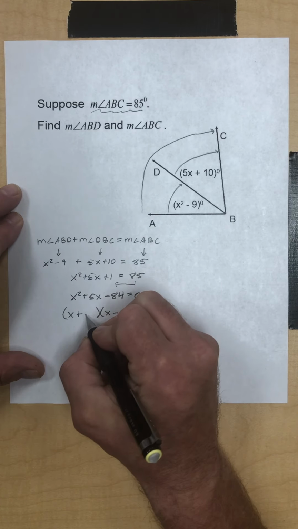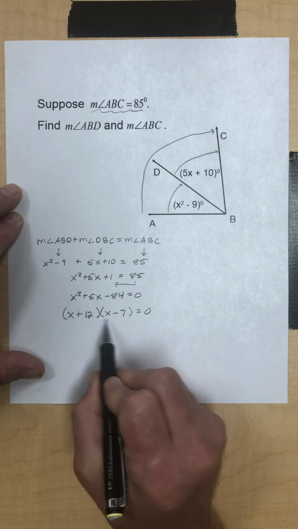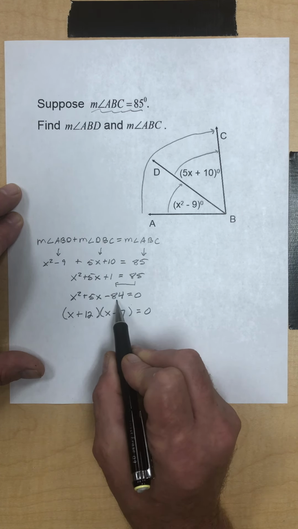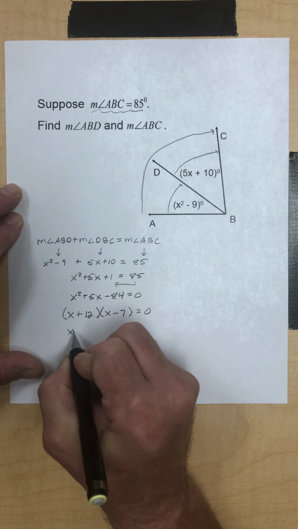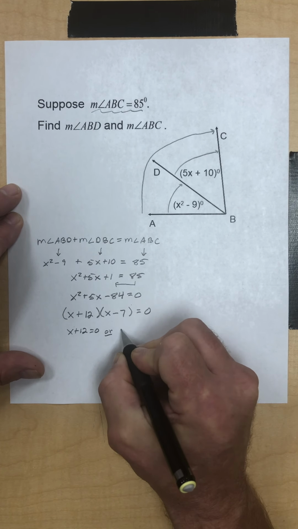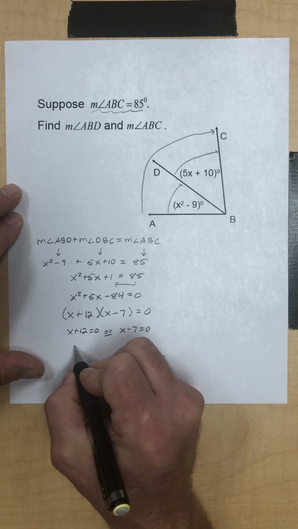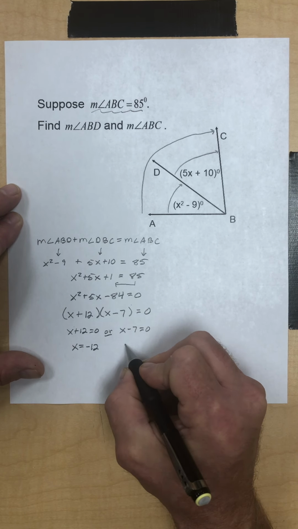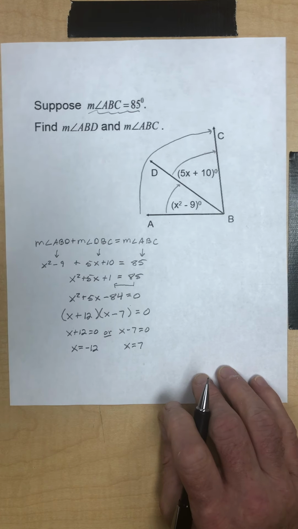Okay, and that would be a positive 12 and a negative 7. If I go 12 plus negative 7, I get 5, and if I go 12 times negative 7, I get negative 84. Okay, so we would get this x plus 12 equals 0, or we're going to get x minus 7 equals 0. Okay, and so this gives us x equals negative 12 as a solution, and this gives us x equals 7 as a solution.